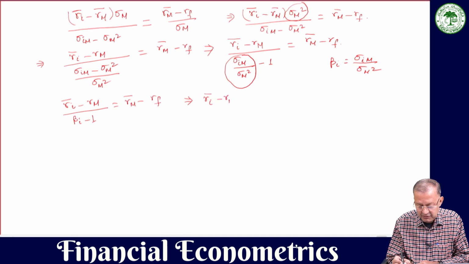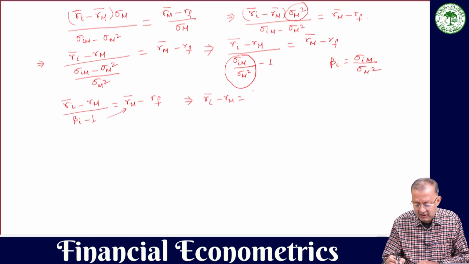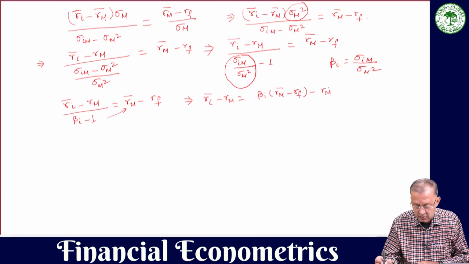We go for cross multiplication. If we multiply this by this, this is equal to beta I into Rm bar minus Rf.